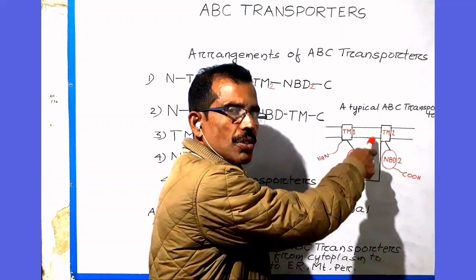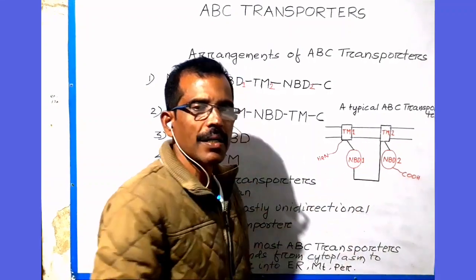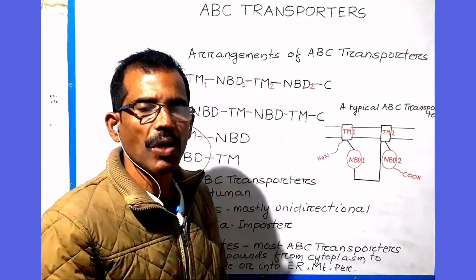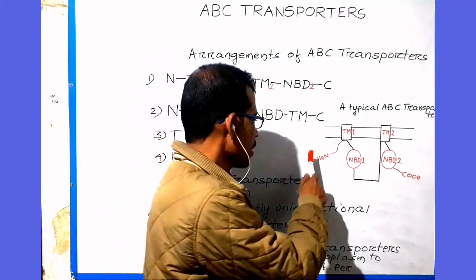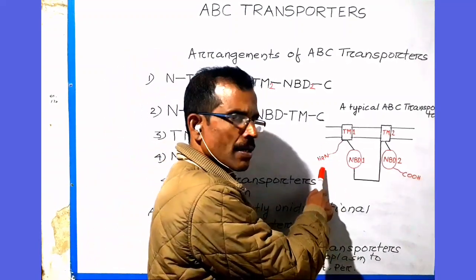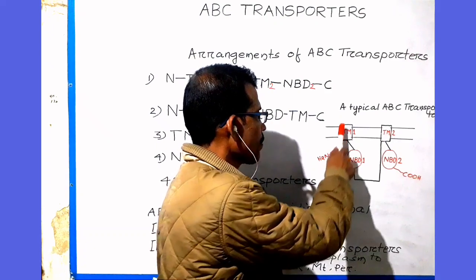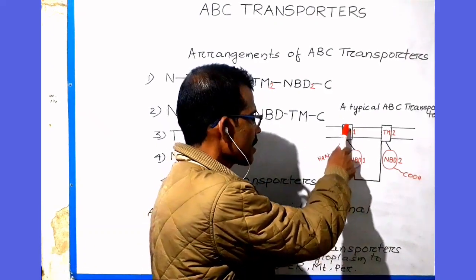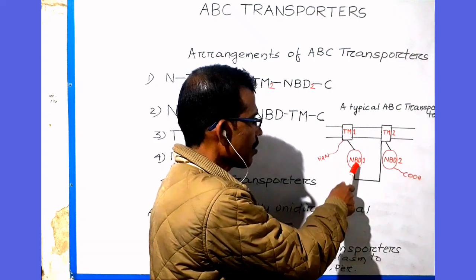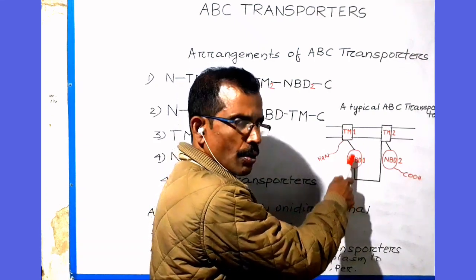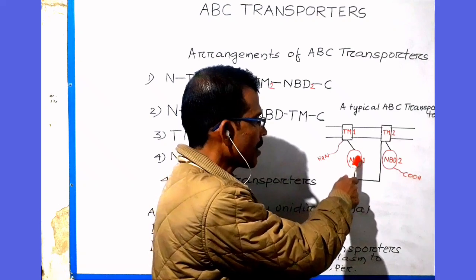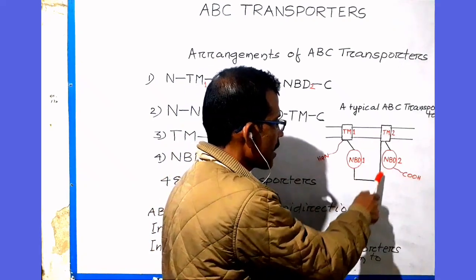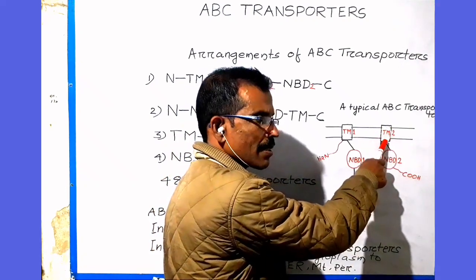This figure shows the most common arrangement of a typical ABC full transporter, in which this is the amino terminus, after which the first transmembrane domain is present. The first transmembrane domain is followed by the first nucleotide binding domain, after which the second transmembrane domain is present.